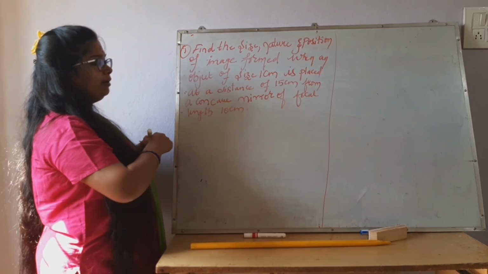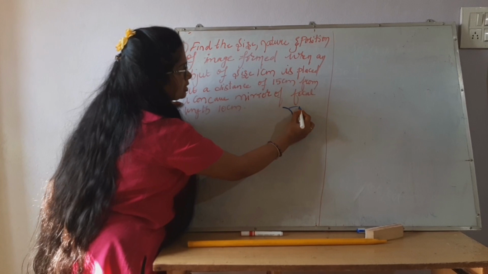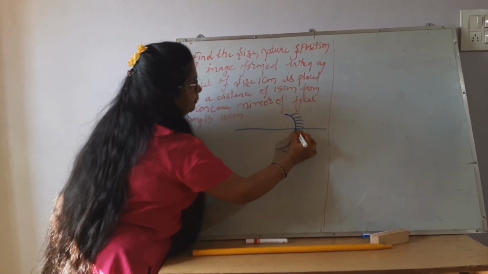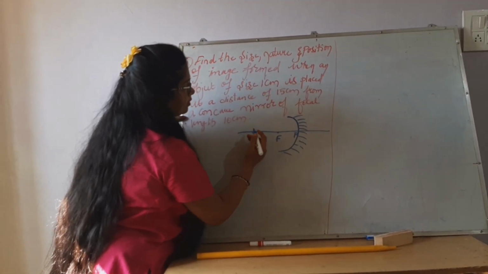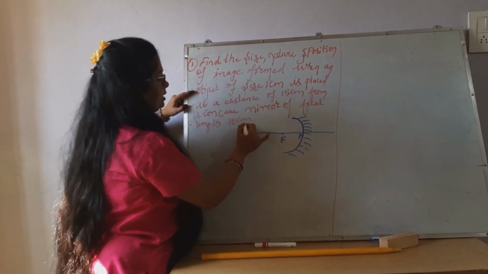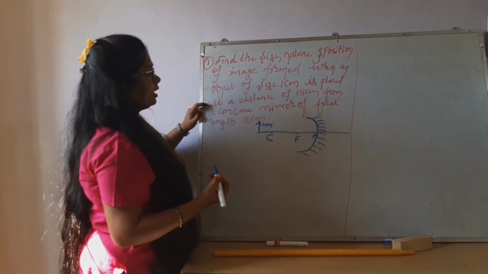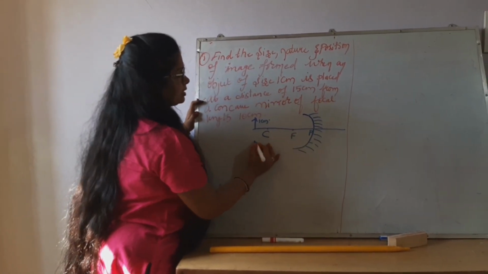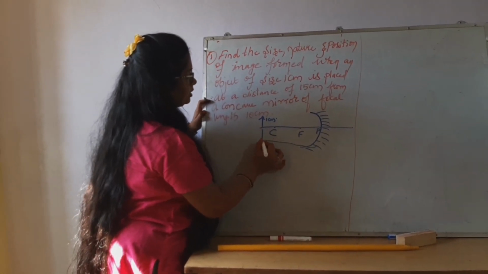Now, what have they given? They have said it is a concave mirror, isn't it? In front of the concave mirror. This is the concave mirror. This is the pole, this is the focus, and this is the center of curvature. So the size of the object is 1 centimeter, meaning the height, you can say, HI, is placed at a distance from pole to object of how much?